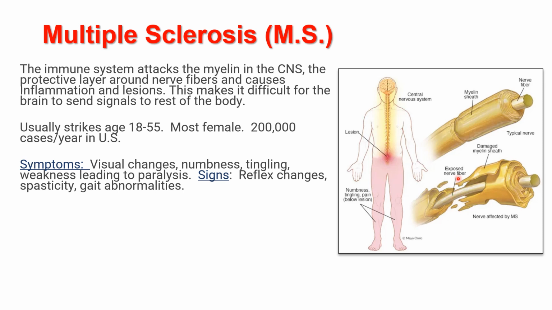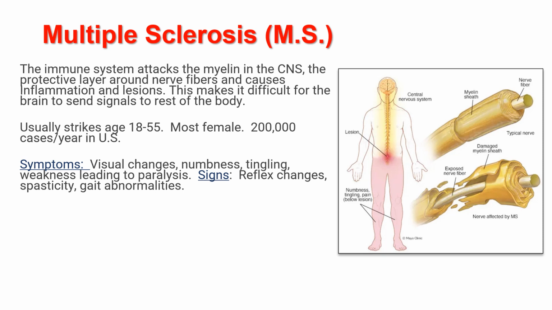Now that you've lost the insulator, there is unwanted or unregulated exchange in that axon. And so a signal that may have originated from a node of Ranvier here may weaken and die before it can get to the next node where the appropriate infrastructure for creating an action potential exists.